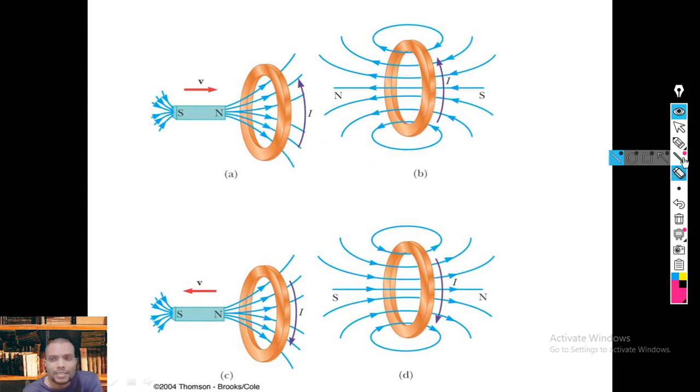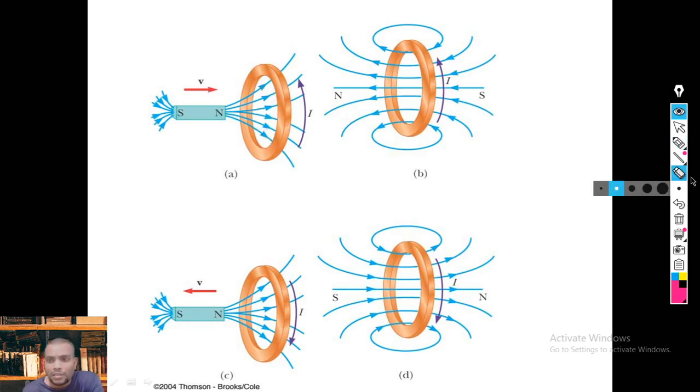The anti-clockwise direction contributes a north pole, so a magnetic north pole will develop here. So these two north poles will repel each other. So that is the opposing.